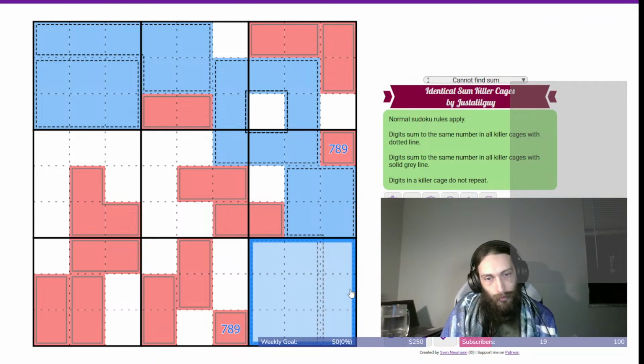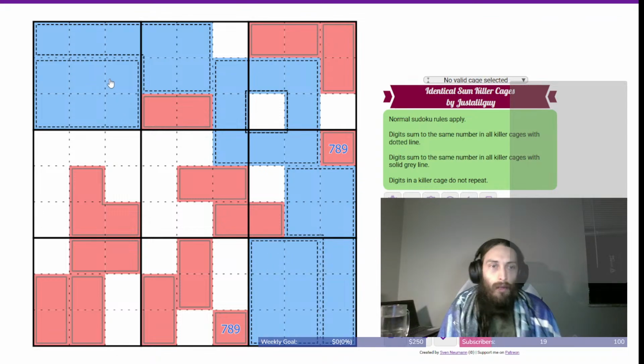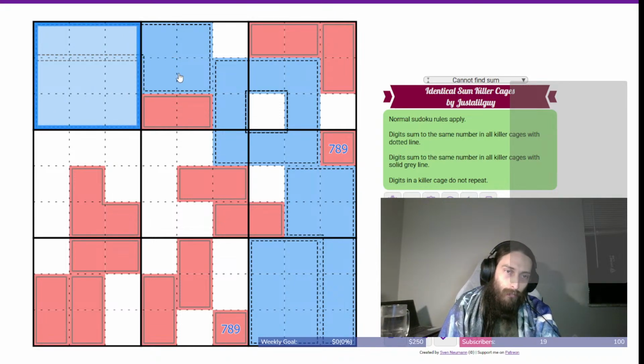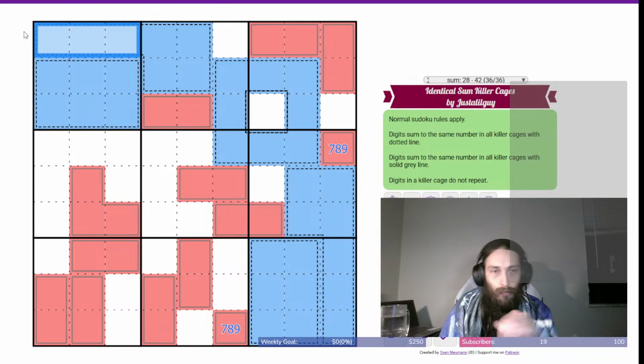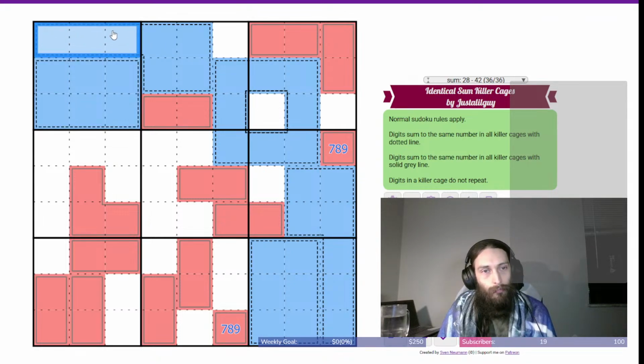Now, for blue, in both boxes 1 and 9, whatever's left out is immediately placed into the blue here.